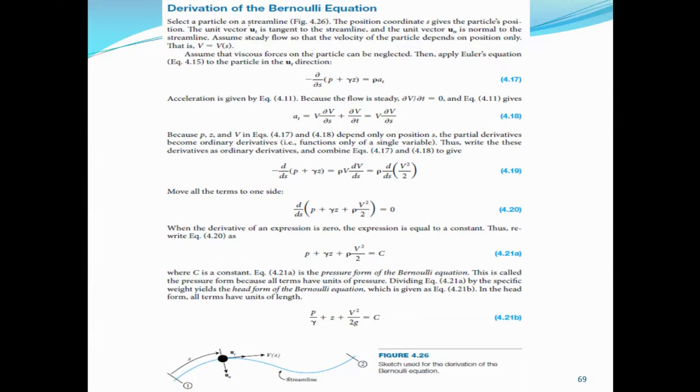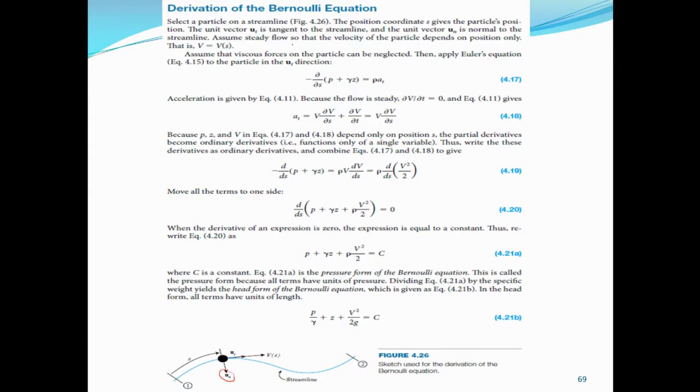All we are saying is that we select a particle on a streamline, moving in a curvilinear path, with position S. The position coordinate S gives the particle's position, and the unit vector ut is tangent to the streamline. So here it will have tangential velocity along the streamline, and this is the normal unit vector, directed towards the center of curvature for the normal velocity.